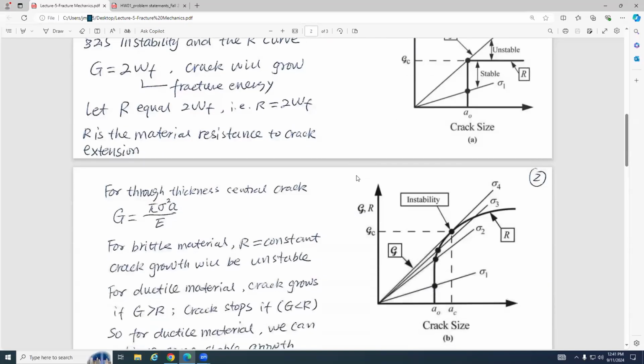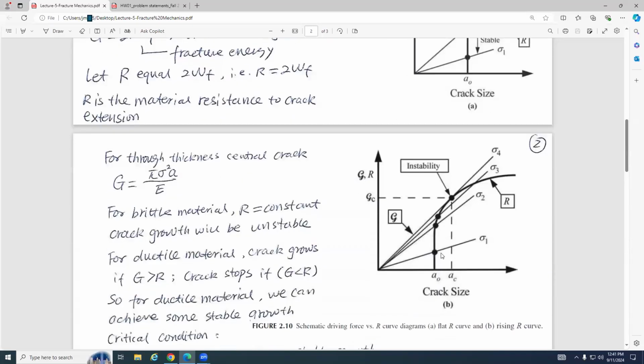But on the contrary, for this curve, the R is rising. R is not constant. You can see my R is continuously rising without flattening, without leveling out.